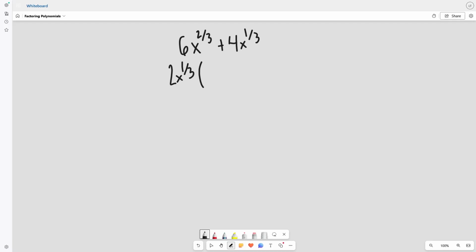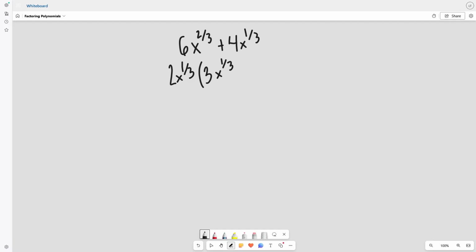And then now you want to think about what times 2x to the 1/3 equals 6x to the 2/3. Now you want to be extra careful here. Make sure you use the product rule of exponents. So 2 times 3 equals 6. And x to the 1/3 times x to the 1/3 equals x to the 2/3.